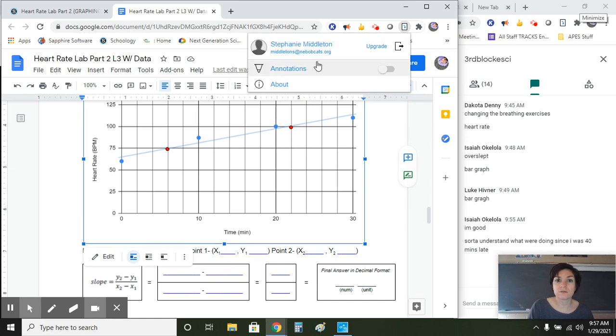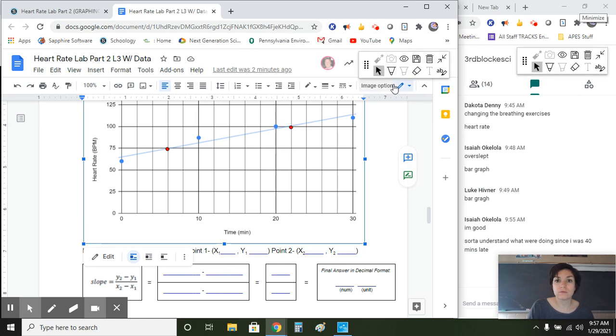Okay? So I need to look at my first point. Right here is my point 1. Right here's my point 2. So I'm going to go ahead and get my x. Remember, your x is down here. Your numbers for your x are down at the bottom. Your numbers for your y are on this side. So my x1, y1. I drop this down.